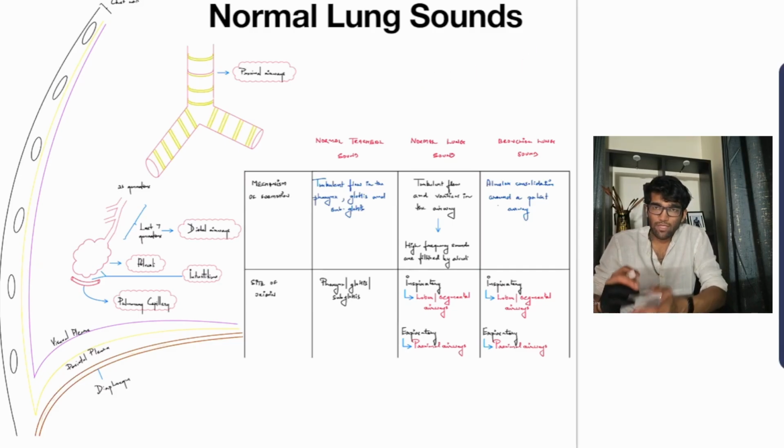Now, if the lung parenchyma between the site of origin of that high frequency plus low frequency sound and the chest wall has been opacified by some process, this kind of opacification, as we've discussed previously, is called consolidation. That could be any type of material, as we will discuss in our discussion on chronic focal consolidation.